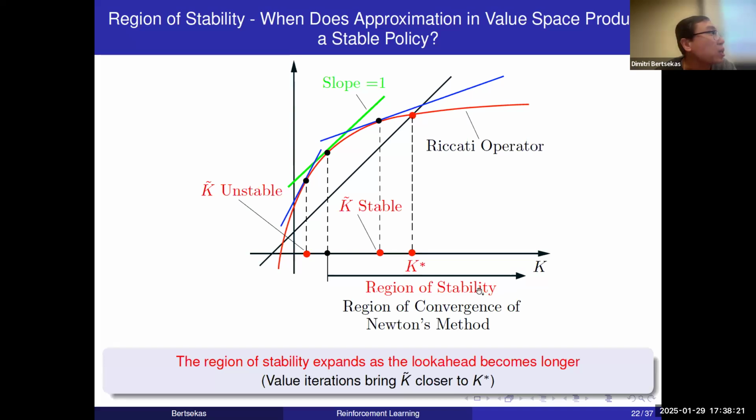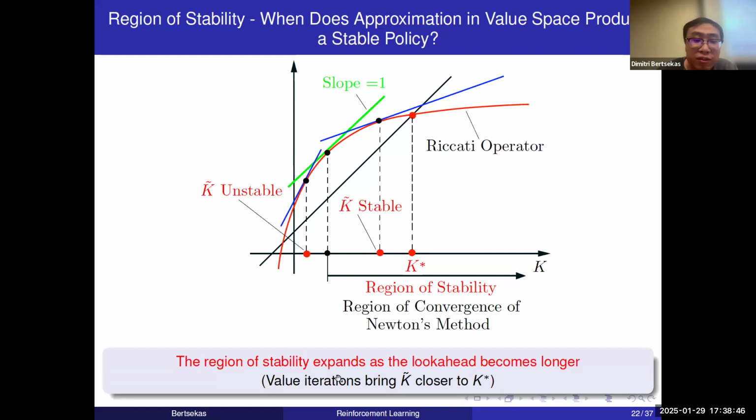So the region of stability is composed of k tildes such that its one-step look ahead policy is stable. In addition, if we use two-step look ahead policy, then it will have a different region of stability.